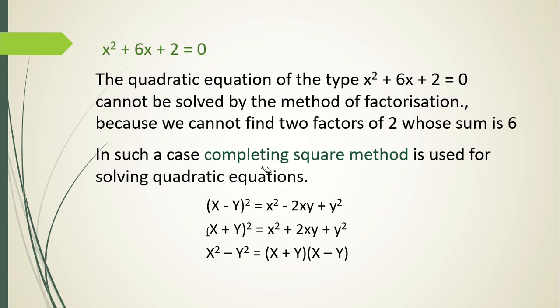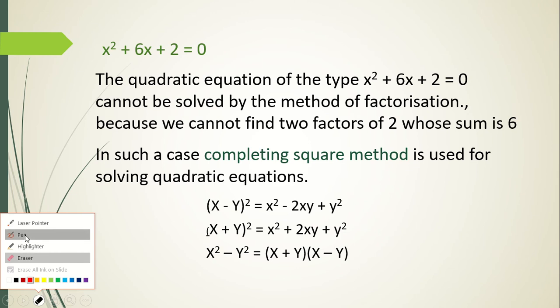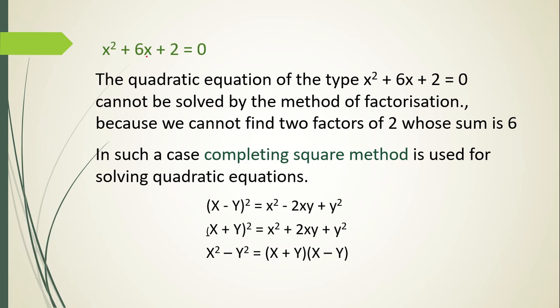Now this completing the square method means what? Whatever sum is given, for example, this is given: x square plus 6x plus 2. It is not a perfect square right now. These whole three terms are not a perfect square. We cannot write them like x plus y the whole bracket square.